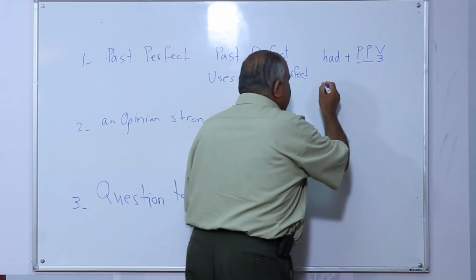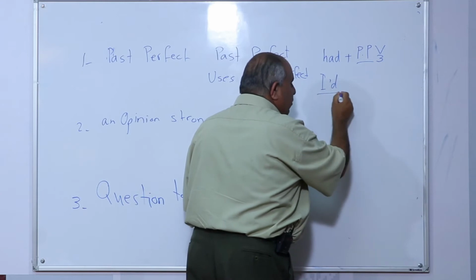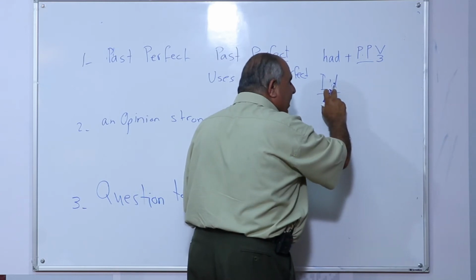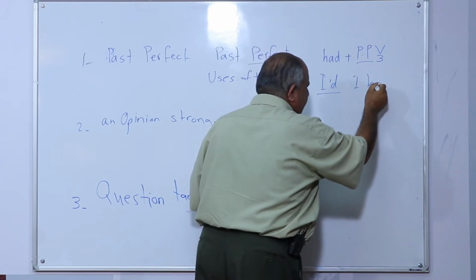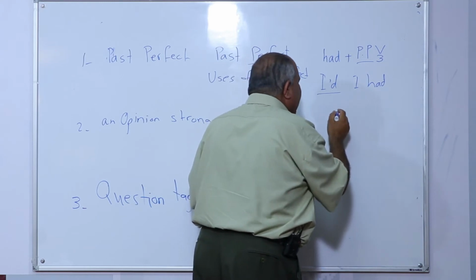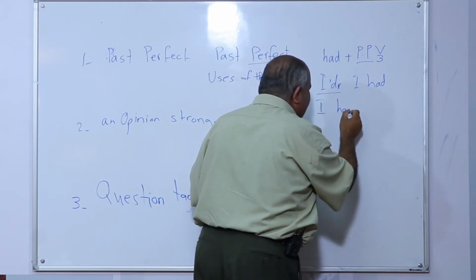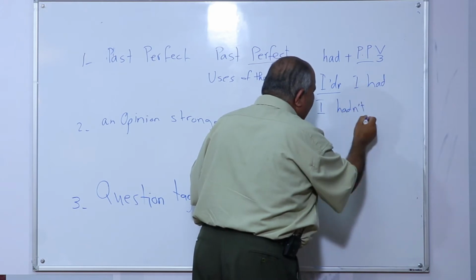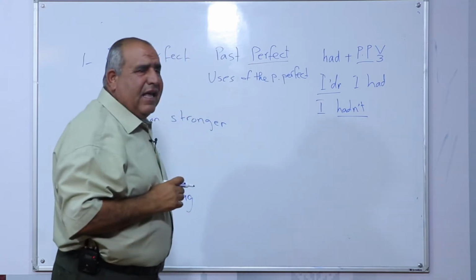Now it can be used in the contracted form, I'd, which means I had. The negative of I had is I had not, so we talk about I hadn't, we hadn't, they hadn't, and so on.